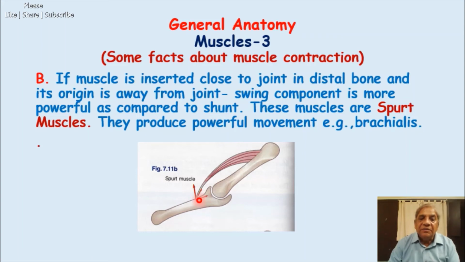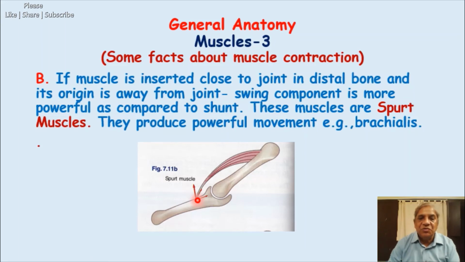Therefore the function of the swing, that is the movement function where the flexion movement will take place, is more prominent. That means if you want a more prominent action of the muscle in the form of movement at the joint, then the insertion should be close to the joint, on the distal bone on which this movement is taking place.